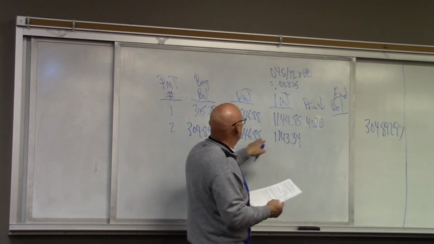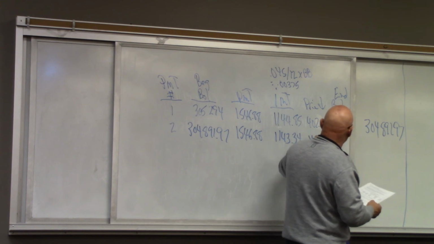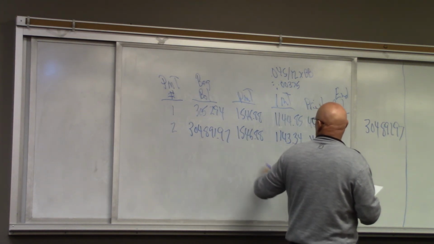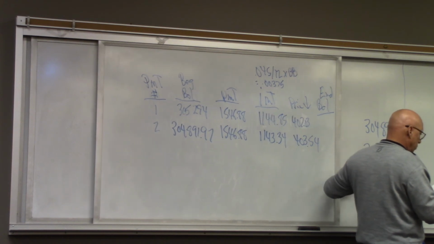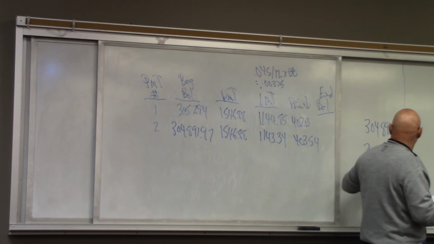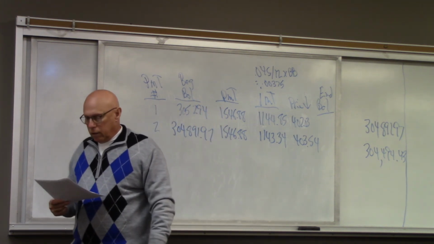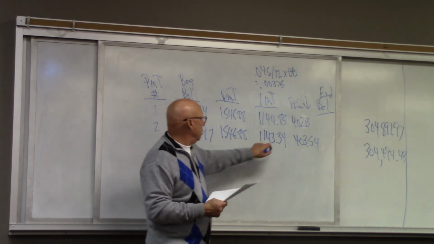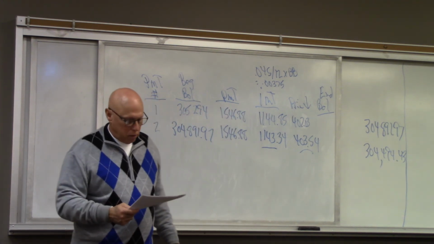So subtract that from 1546.88, and you get 403.54, and subtract that from 304,891.97, and you get 304,494.43. Okay, so your answers are second month 1143.34 goes to interest, and 403.54 goes to principal.